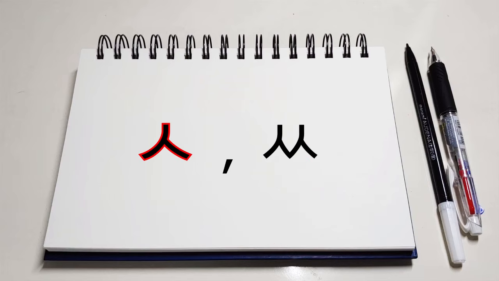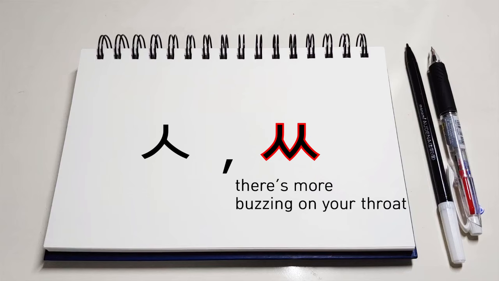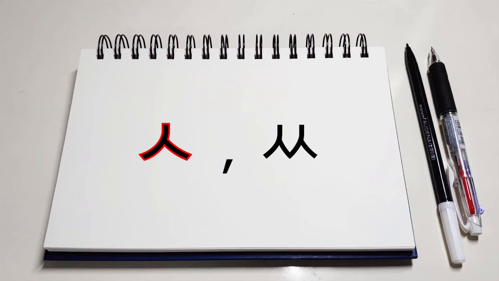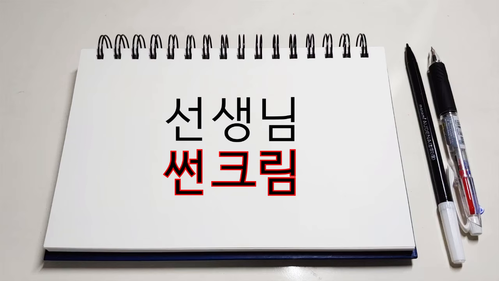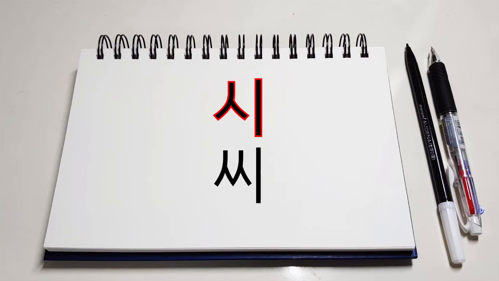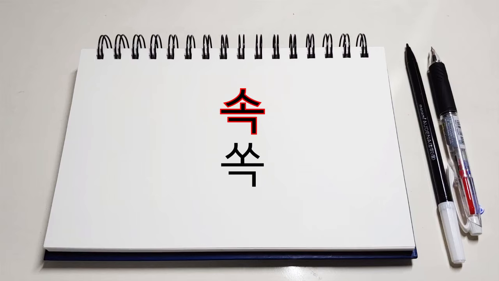You can see that the first one is a lot more of a hissing sound, and the second one has a lot more sound in it. So s and s. 선생님, 선크림, 선, sun, 시, 속. Do you hear the difference?